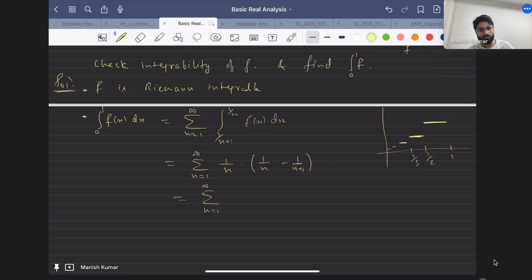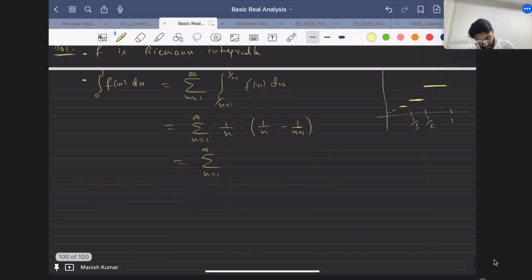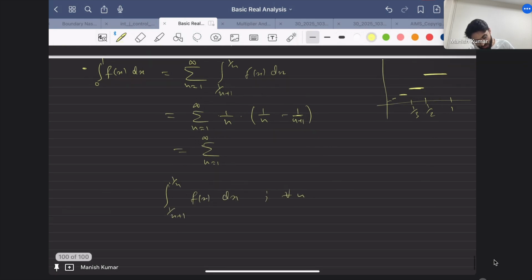So suppose this is from 1 by n plus 1 to 1 by n. This quantity is sensible for each n, for all n, right? Now let's say this is from n equals 1 to some capital N. So suppose you are considering just these many terms.